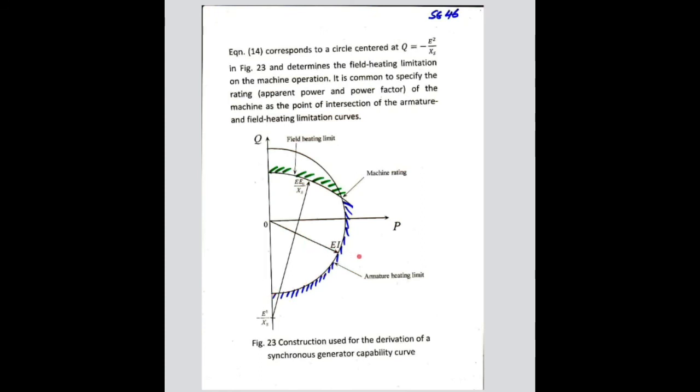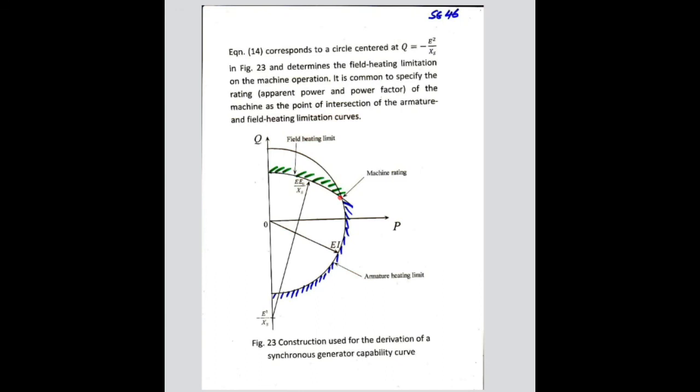If you come out, you're going to overheat the armature on this side. And here, if you come out of the green part, you're going to overheat the rotor field winding, right? The intersection here is called the machine rating. That's telling you the rated values for your current in the machine.